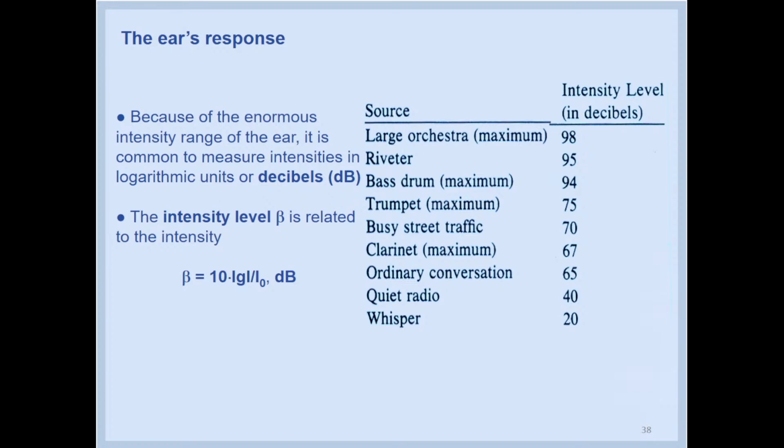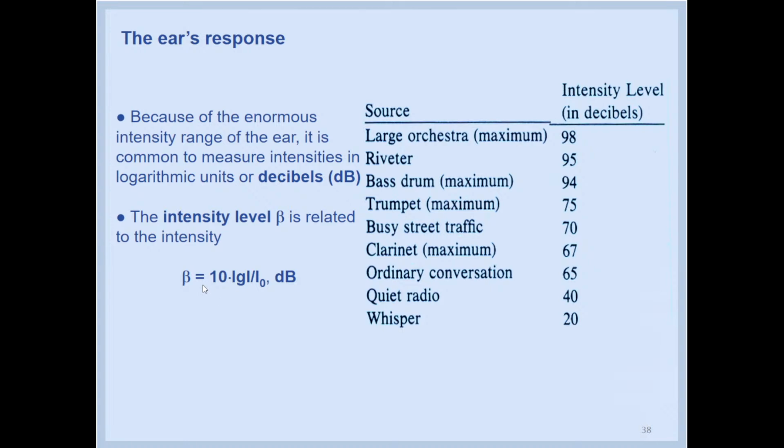And look, because of the enormous intensity range of the ear, it is common to measure intensities in logarithmic units or decibels. The intensity level, beta, in relation to the intensity is shown by the formula in this diagram.